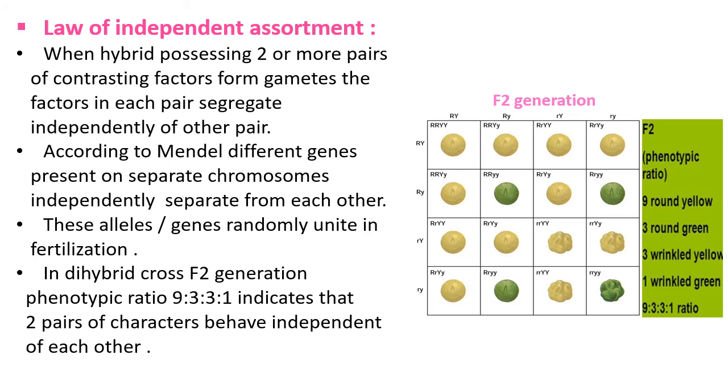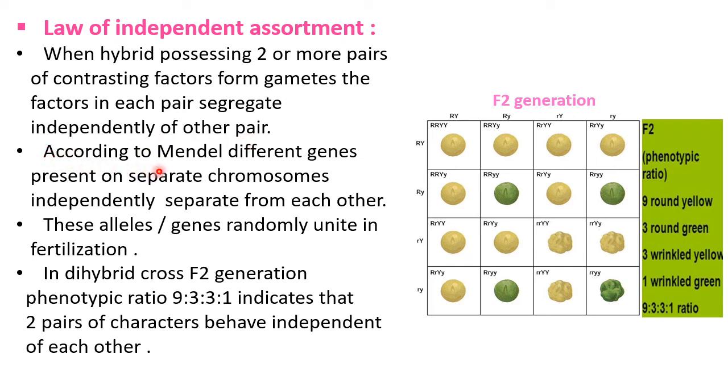Now we will study Mendel's third law of inheritance, that is the law of independent assortment. The law states that when a hybrid possessing two or more pairs of contrasting factors forms gametes, the factors in each pair segregate or separate independently of the other pair.